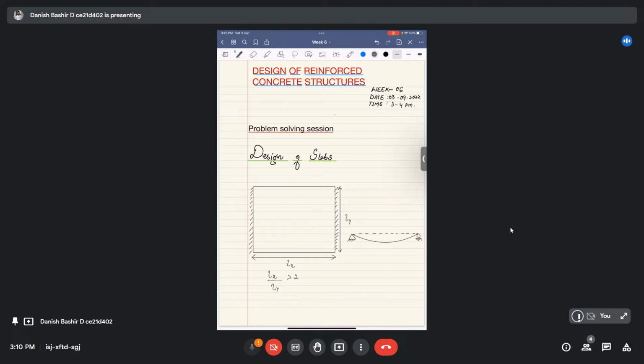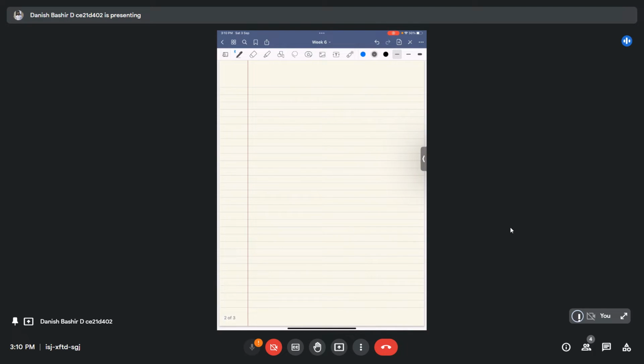Whereas in the case of two-way slabs, if it has dimensions like this, with Lx like this and Ly like this, the x dimension and the y dimension, and the longer dimension divided by the shorter dimension is less than 2, then the slab will have deflections in two directions.